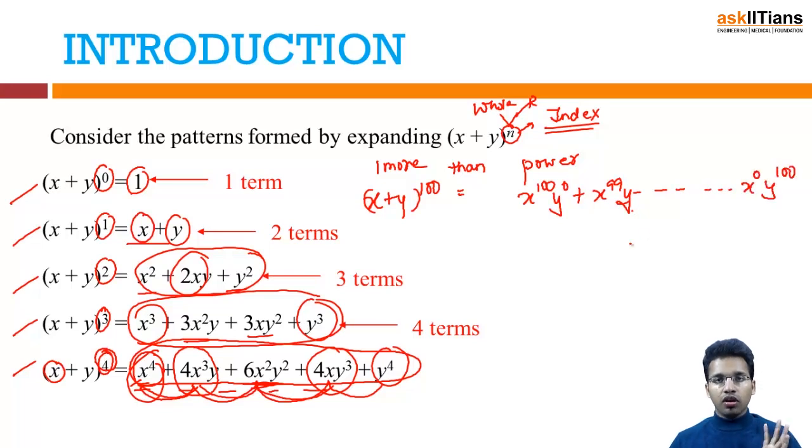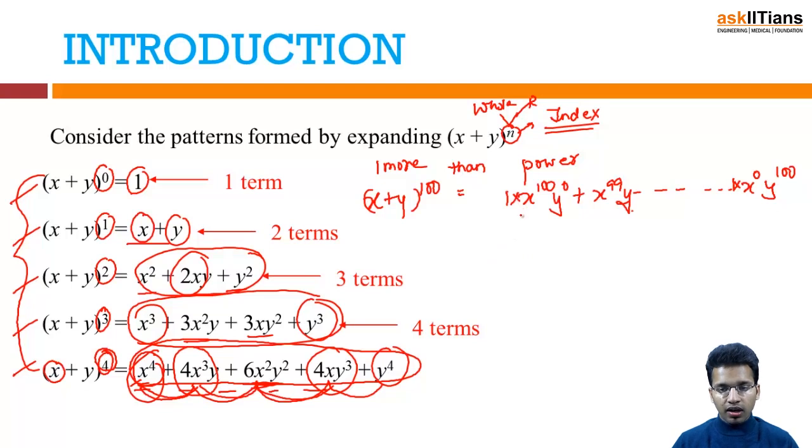Now this is for sure, this is the pattern of variables. Now obviously for the first term the coefficient is always 1 and for the last term it's always 1. That we have observed, and I'll explain it again in more detail. So right now just some patterns which we are going to observe.